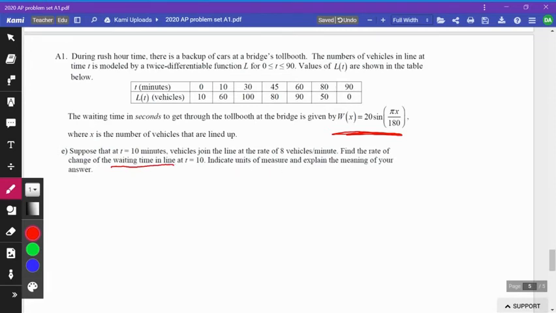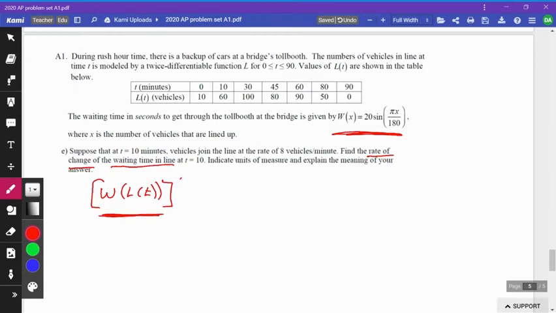So basically what I have here is W, which is the wait time for the vehicles at a certain time t. So this is the function that I'm dealing with, the wait time for the vehicles at a certain time. So this is what I need to eventually take the derivative of because I want to find the rate of change of this equation.